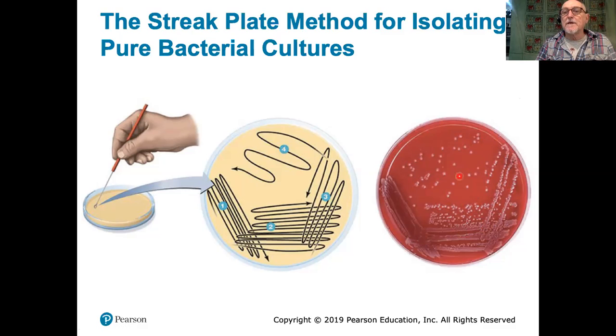And you can be pretty sure that each of these colonies arose from one single bacterium. So all that you're doing, the streak plate, is you are actually diluting. You're diluting as you go along. A lot, fewer, very few, all spread out. And you end up with your single colonies.